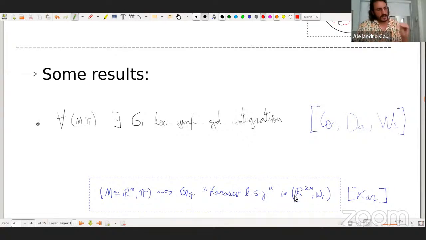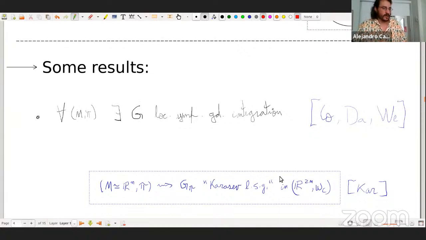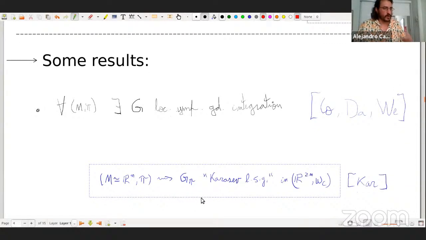It's given by very explicit smooth maps defined on R^{2n} or open subsets of R^{2n}. I will mention the explicit formulas in a second, but for now, I just want to keep this idea that in the coordinate space, we have an explicit integration.